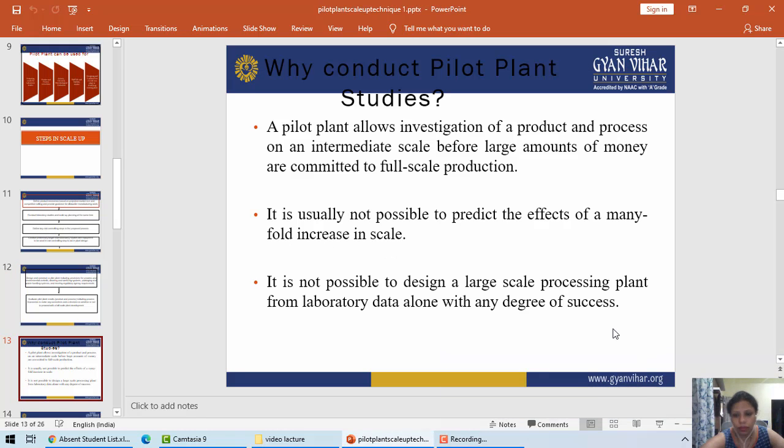Now, why conduct pilot plant studies? This is again a very important question: why should we conduct the pilot plant study?